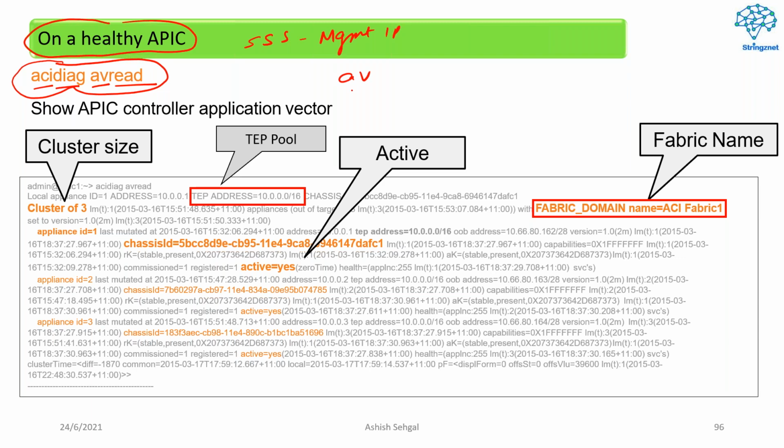What is appliance vector? A stands for appliance. In ACI, the controllers are known as appliances.